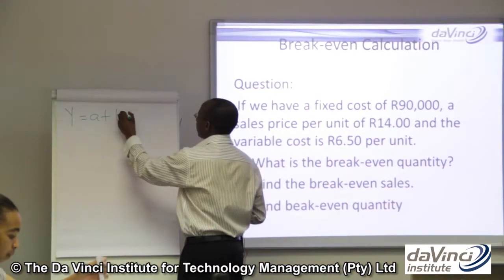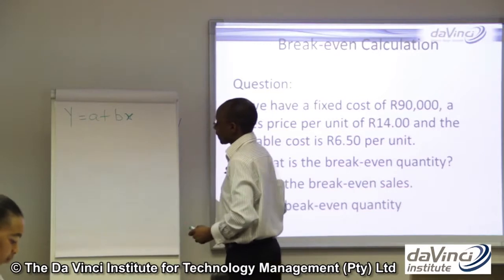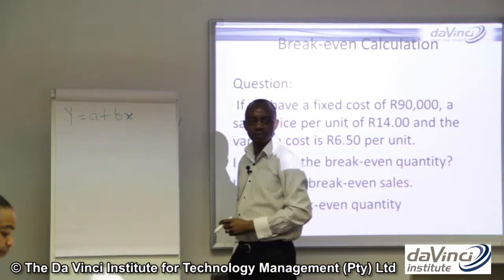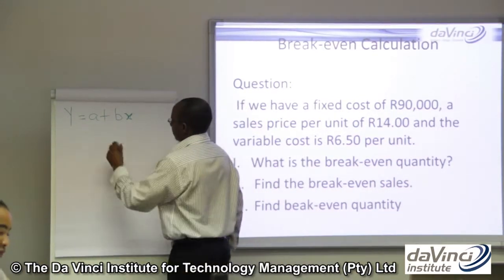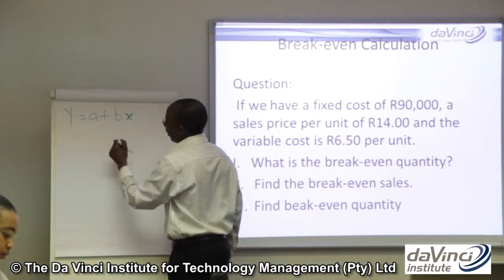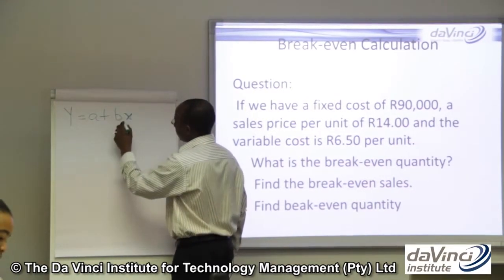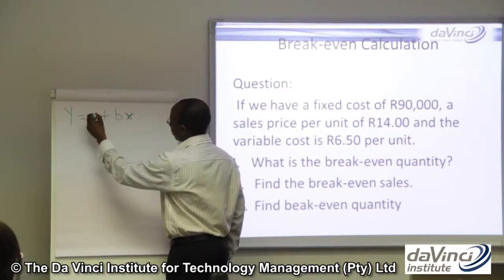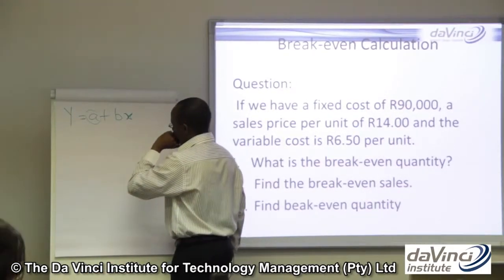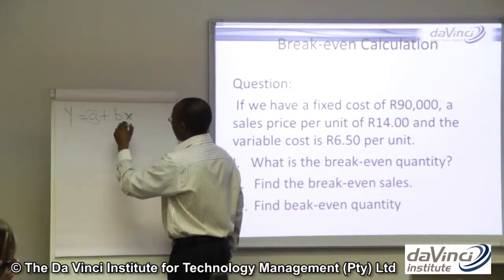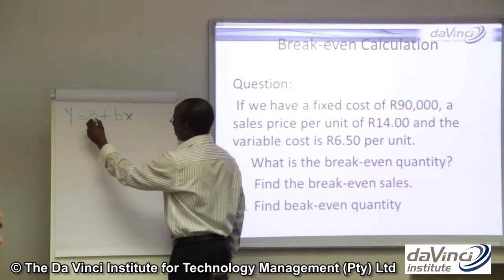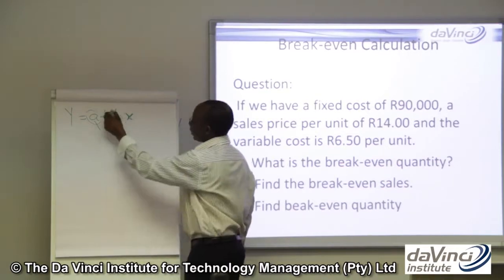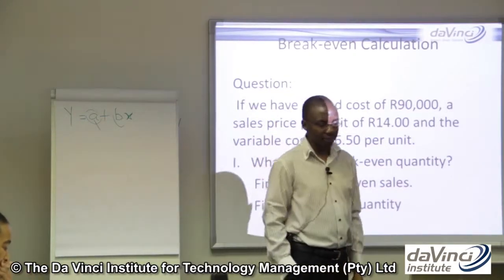Y is equal to A plus BX. So this becomes your independent variable. This becomes your dependent variable. So you will now need to find out the coefficients, to calculate the value of A and the value of B.